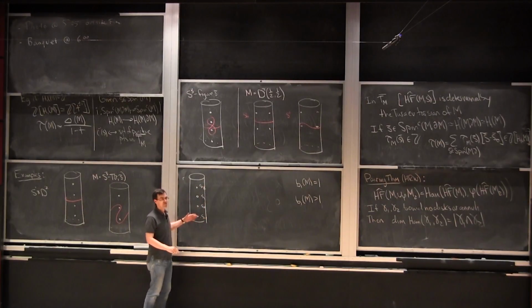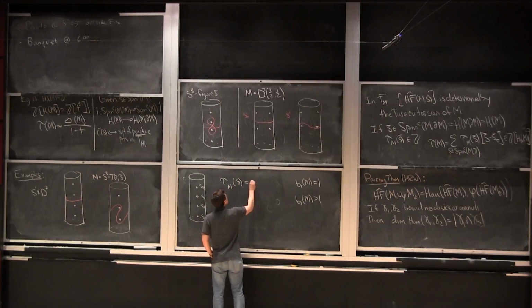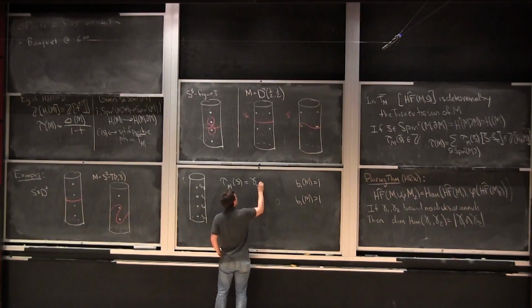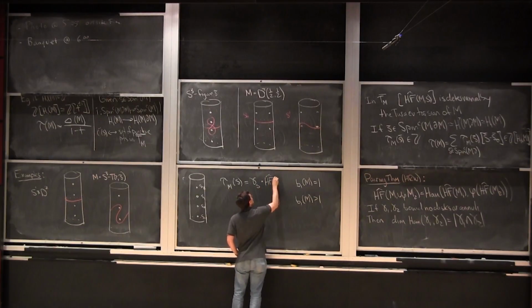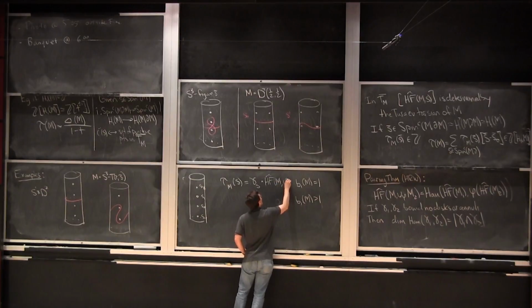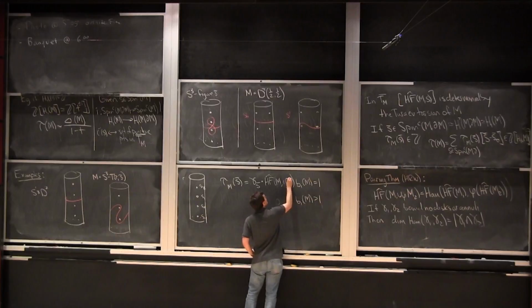Okay, and this identification is equivariant with respect to the obvious action of H1 of M. Okay. And so now, what is this tau M of S bar? This is gamma hat of S bar dot HF hat of M I of S, where S bar is a relative spin C structure.